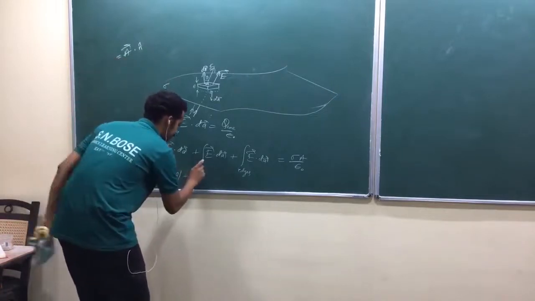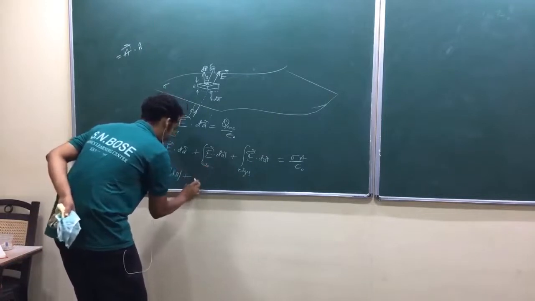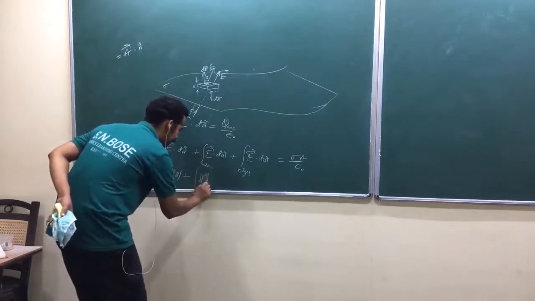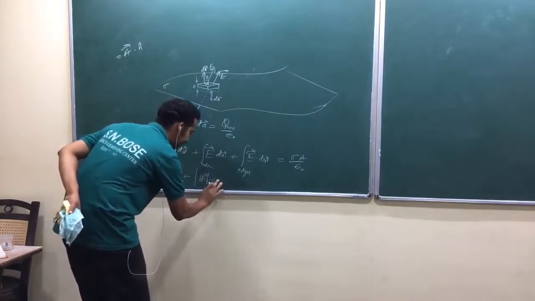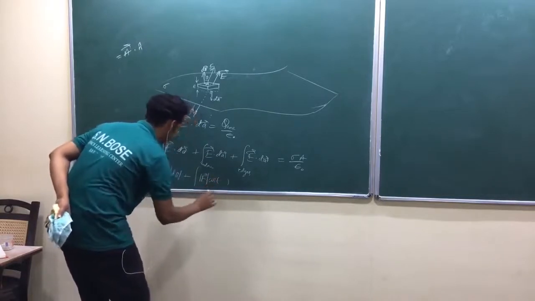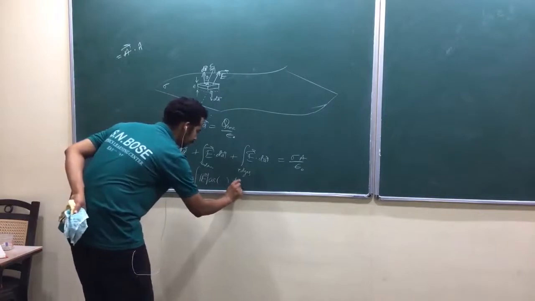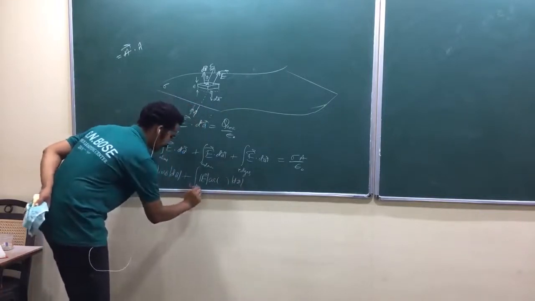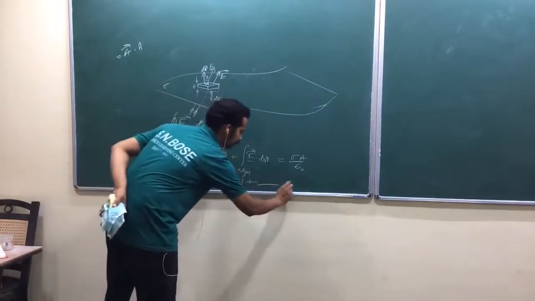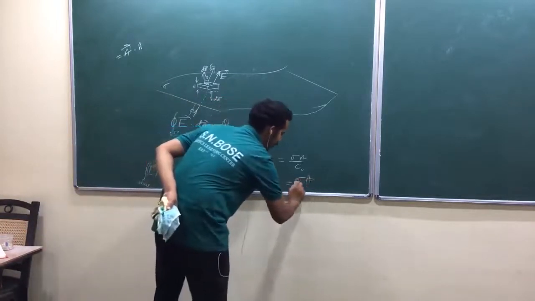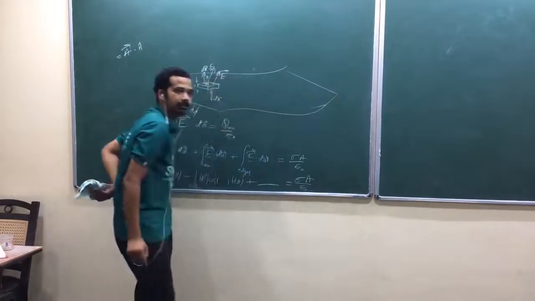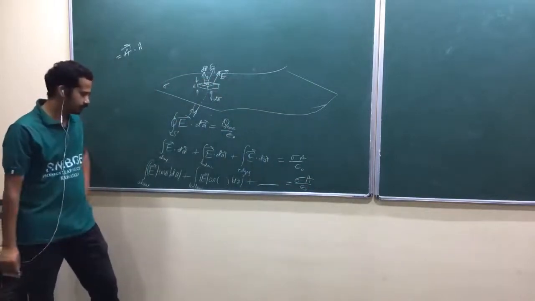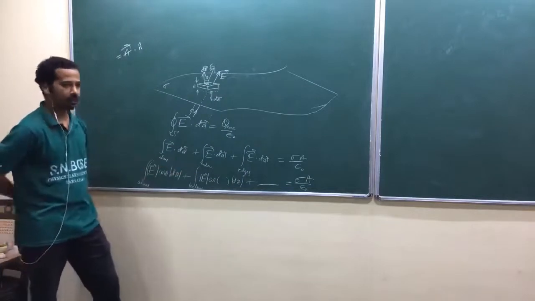Look at here, the below integral: mod E cos of some angle, you have to tell me what that angle is, into mod dA vector. I don't have to write this one because my next step is putting epsilon tends to 0. What is that angle, compared to this angle?